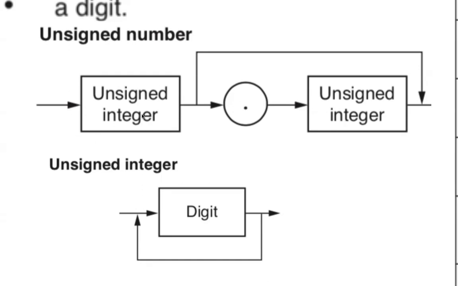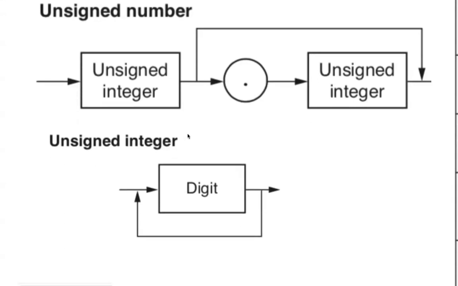So anytime you have a non-terminal, a rectangular shape used in a syntax diagram, that means it should have its own syntax diagram separately just to define what it is. So since unsigned integer is a non-terminal, there should be a syntax diagram stating what it is. And that's exactly what this is.